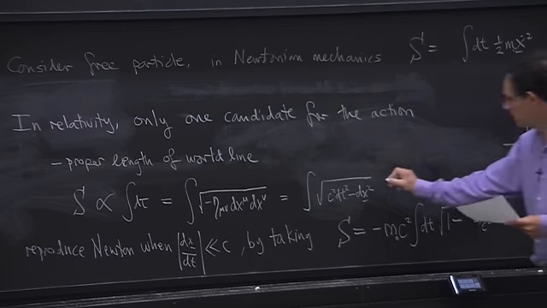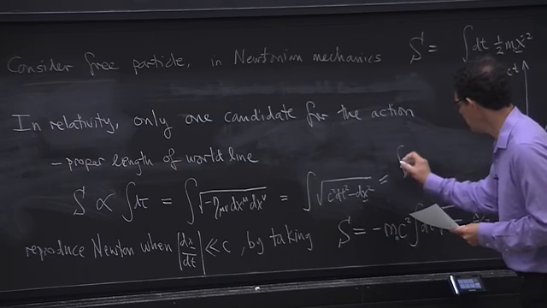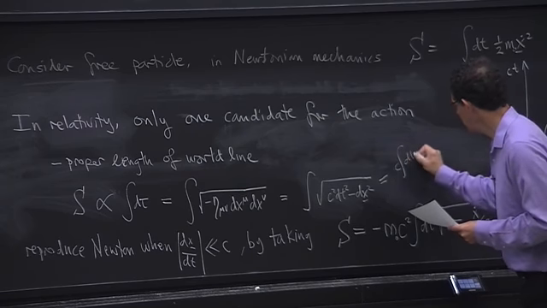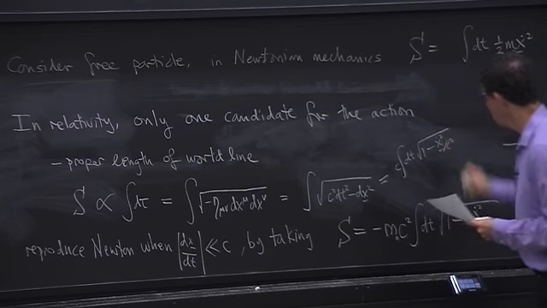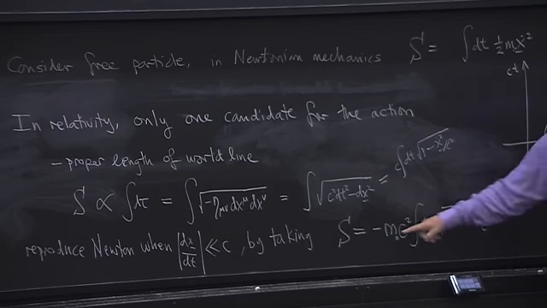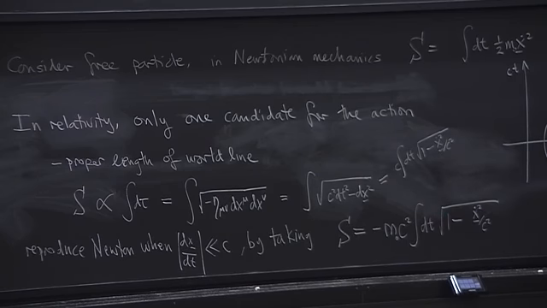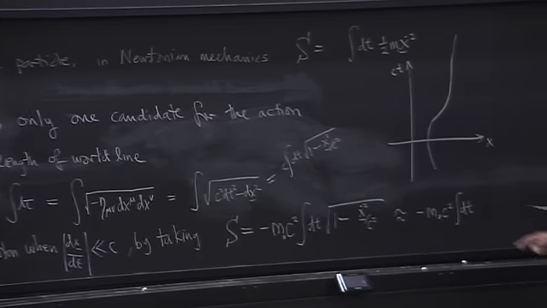Okay, so in this integral, I can pull out the c and the dt. So that's dt root 1 minus x dot squared over c squared. All I'm doing here is fixing the overall constant, and I'm fixing it by fixing the coefficient of the velocity squared to be a half. Because when I expand this out, what I'm going to get is minus m naught c squared times the integral of dt. That's the first term.